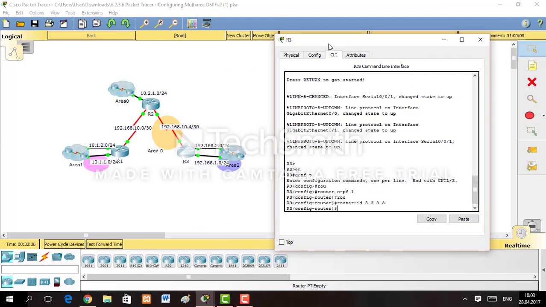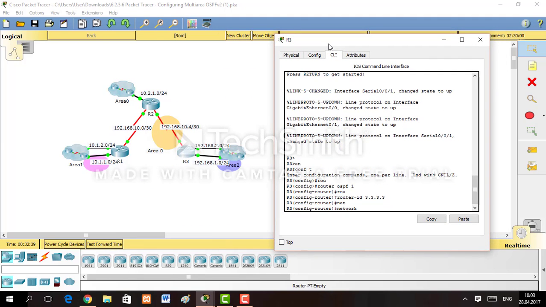And here we have networks. This network, with wildcard mask 0.0.0.255.